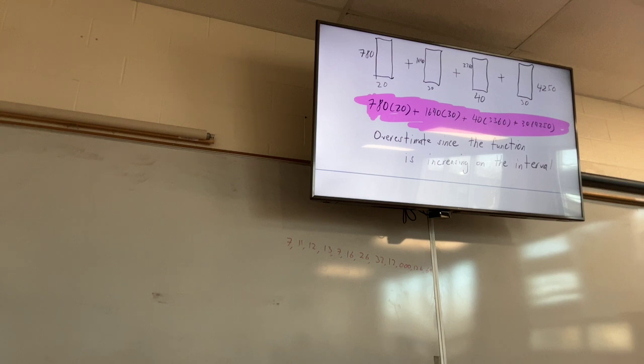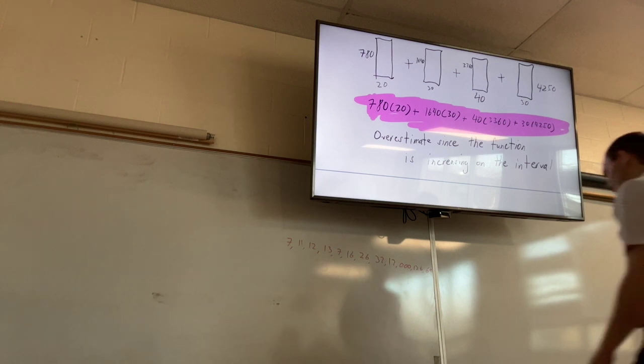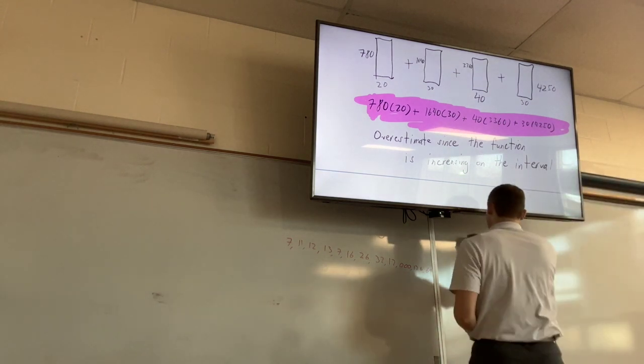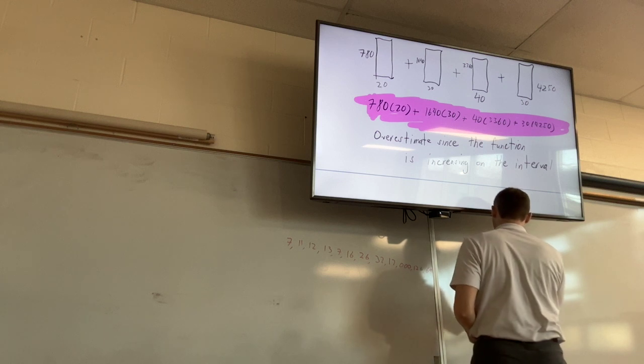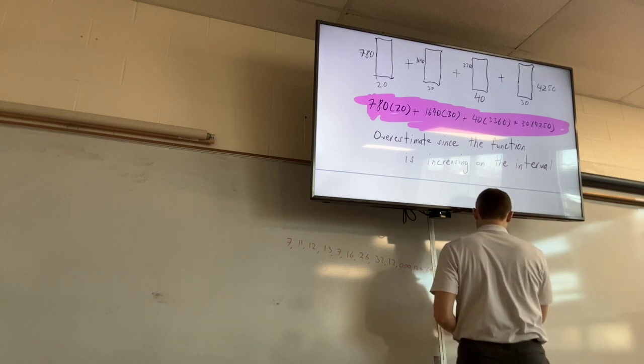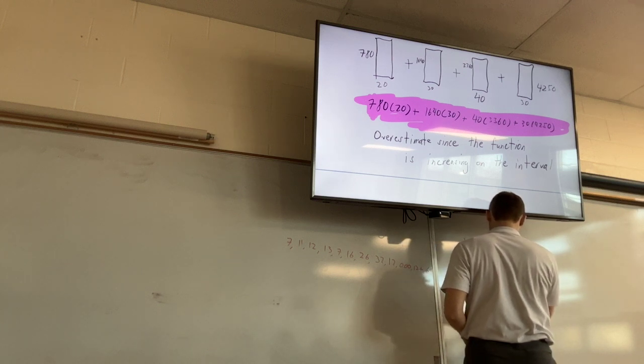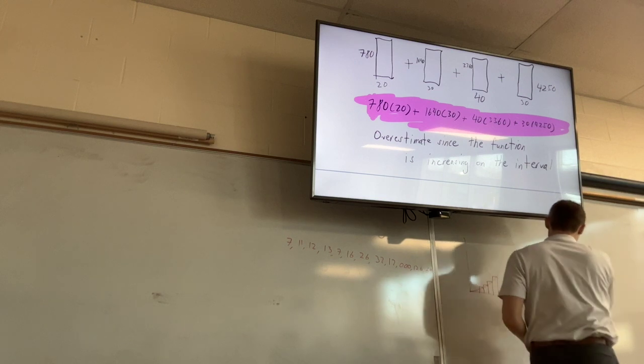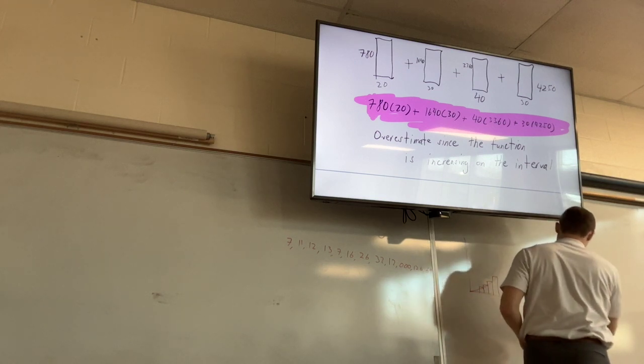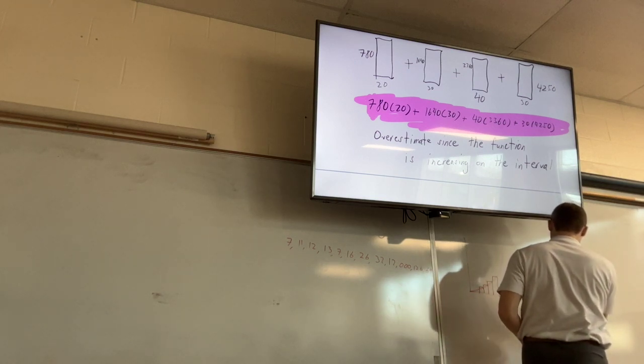So yeah, to Andrew's point, when you've got an increasing function, you're absolutely correct, the right Riemann sum overestimates. But when you've got a decreasing function, the right Riemann sum underestimates. Okay? Just be careful there.